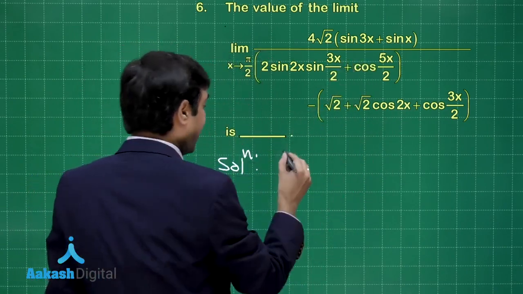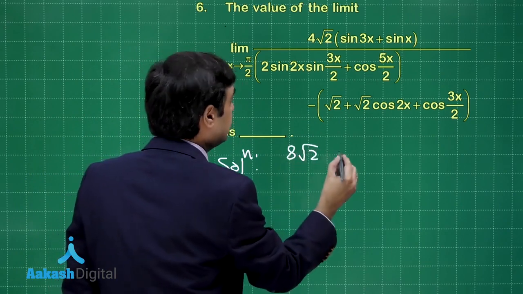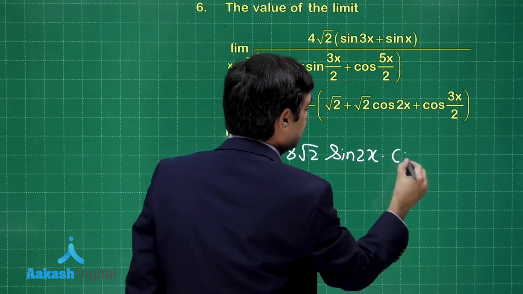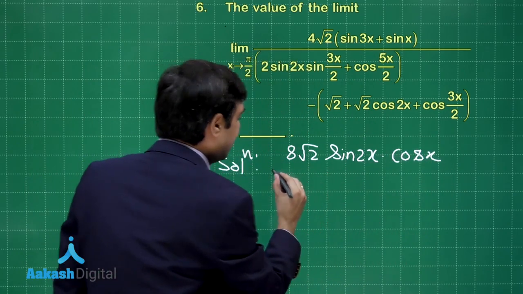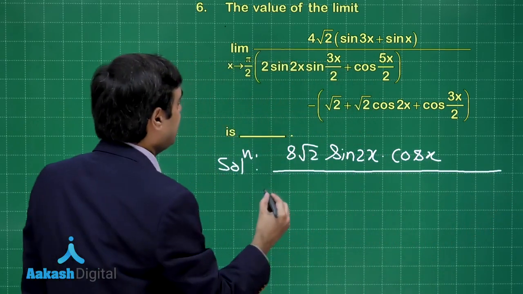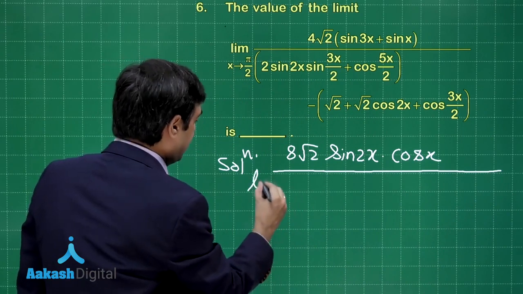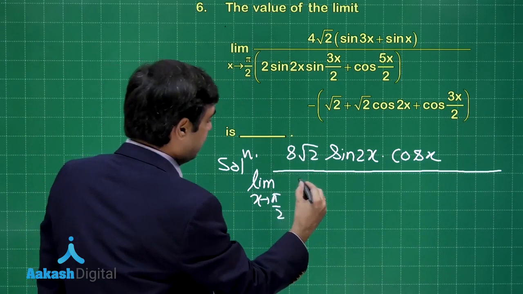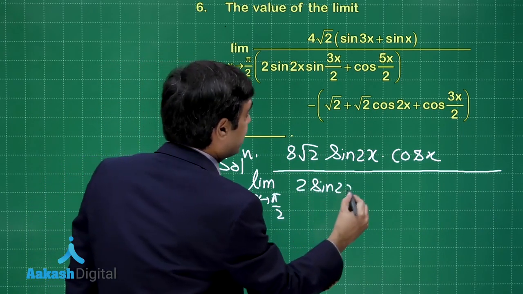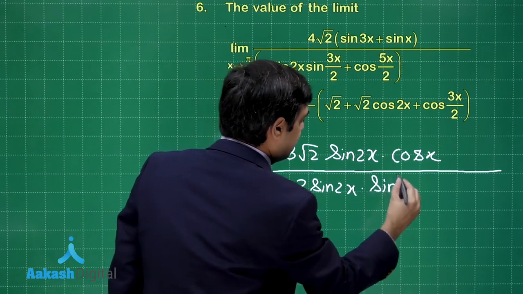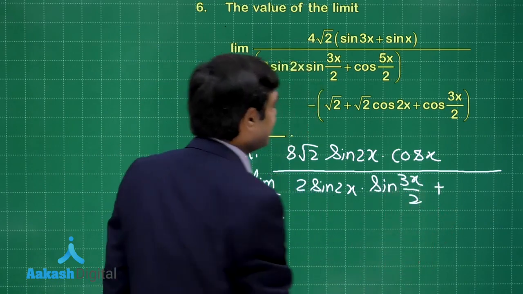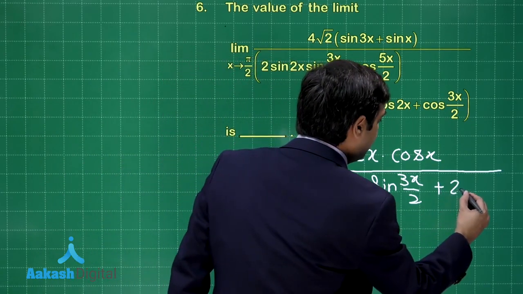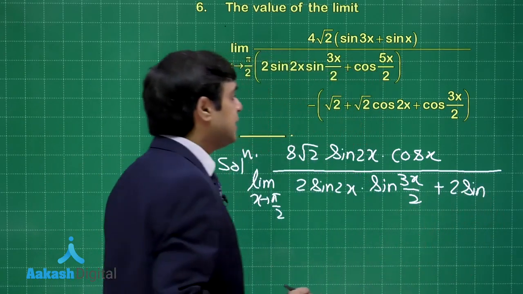So starting it, we have 8 root 2. This gives you sine 2x into cos x divided by, in the denominator, under the limit obviously, x approaching pi by 2, 2 sine 2x into sine 3x by 2 plus, applying cos C minus cos D, this gives you 2 sine C plus D by 2.